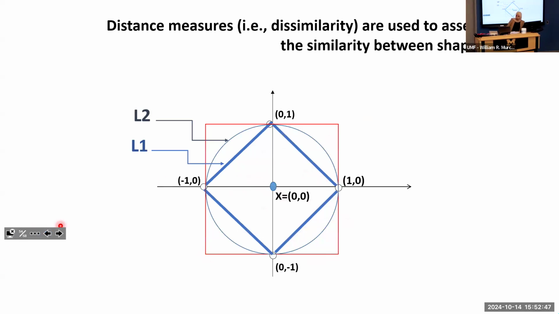What are you going to say? The distance, okay. But this is USA, and this is, let's suppose, France. How can you measure the distance between these two countries?